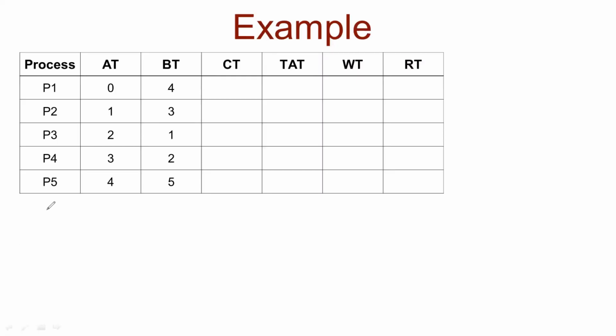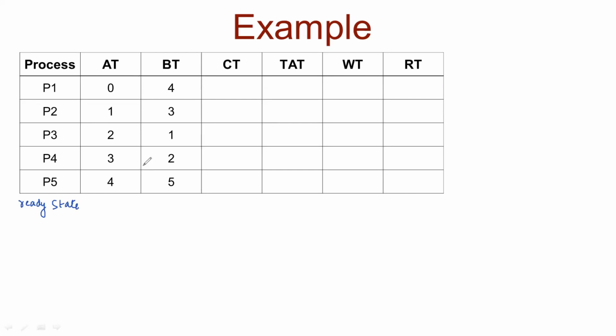Let's understand FCFS with the help of an example. There are 5 processes P1, P2, P3, P4 and P5 in main memory, and these 5 processes are in ready state. P1 came into main memory at time 0, P2 came at 1, P3 came at 2, P4 came at 3 and P5 came at 4.